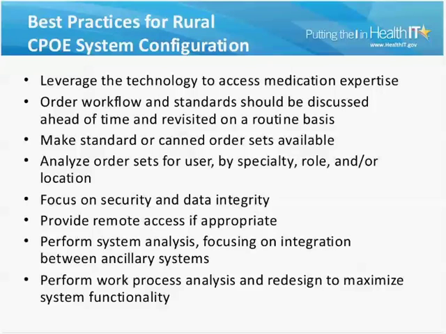Finally, as far as system configuration, we want to look at work process analysis and constantly redesign to maximize system functionality. Again, this is part of the continuing quality improvement mindset. Oftentimes when you put a system in place, it may not have a feature that your users desire. However, future updates will implement those features.